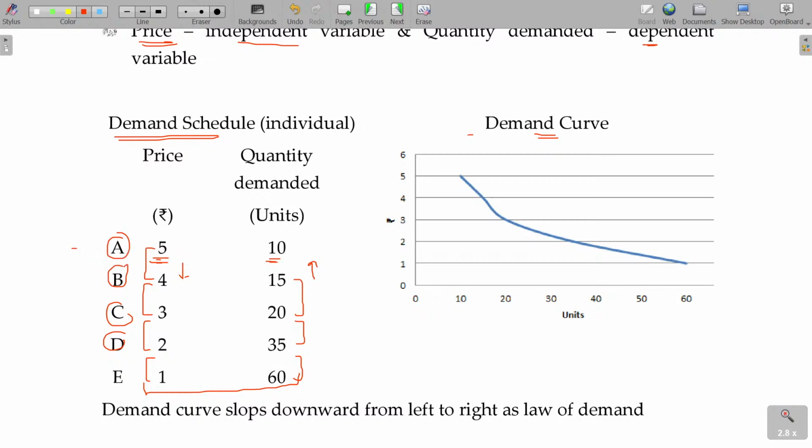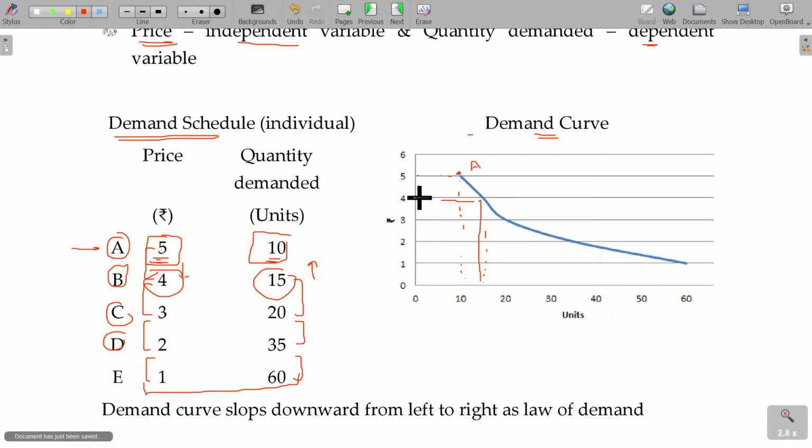Now for the point A, price being 5, quantity demanded being 10. This is A, price 5 and quantity demanded 10, isn't it? Similarly for point B, 4 and 15. So 15 should be anywhere here. This is the point.